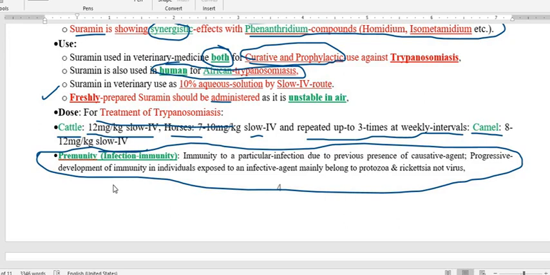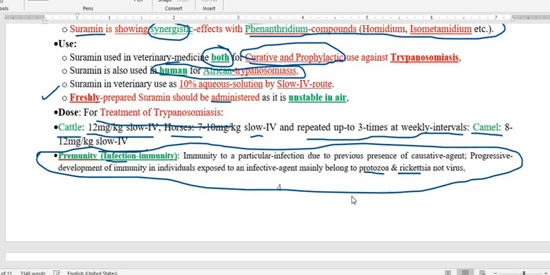One important point here is what is premunition. It is also known as premunition or infection immunity.